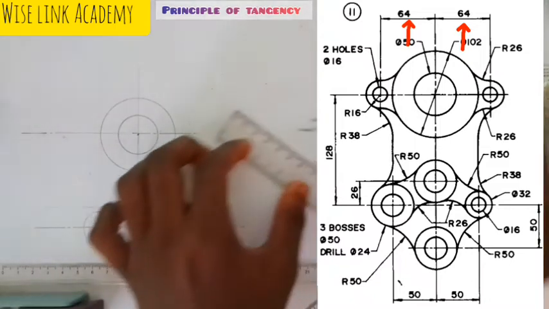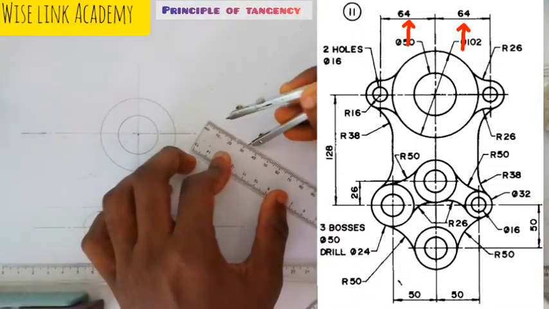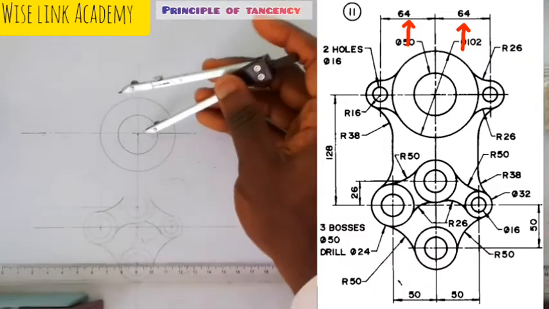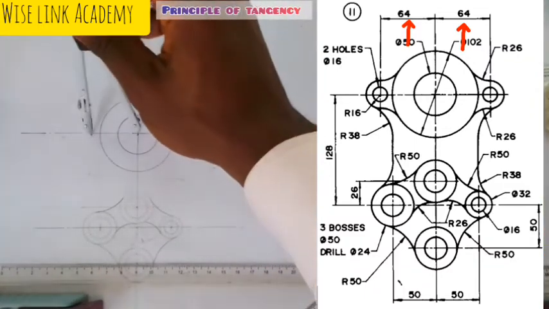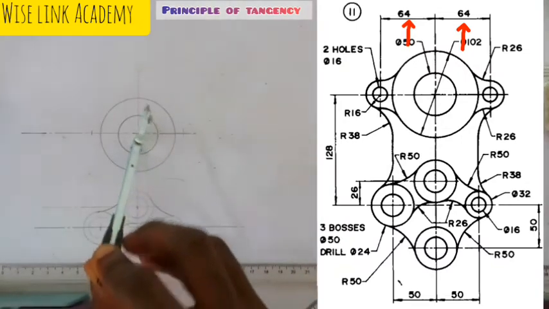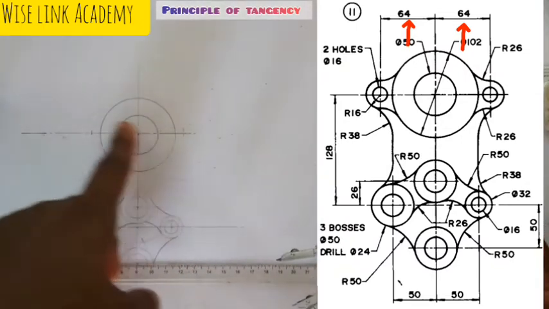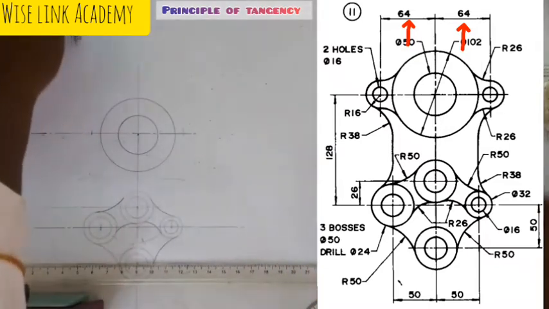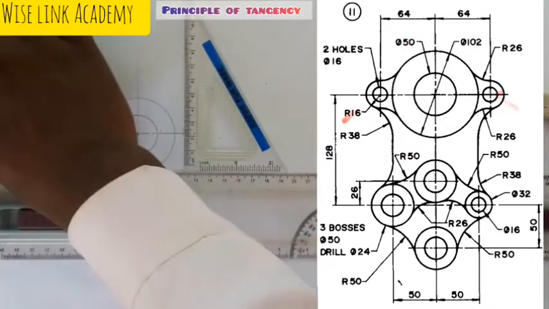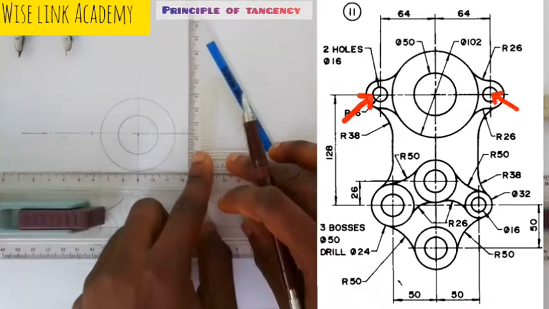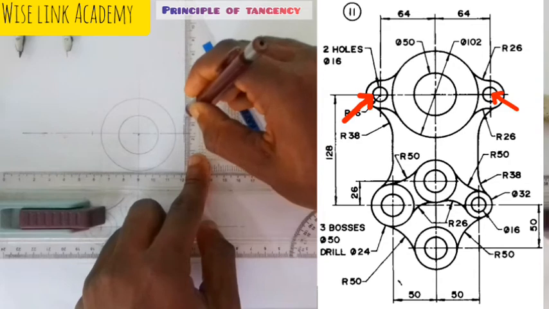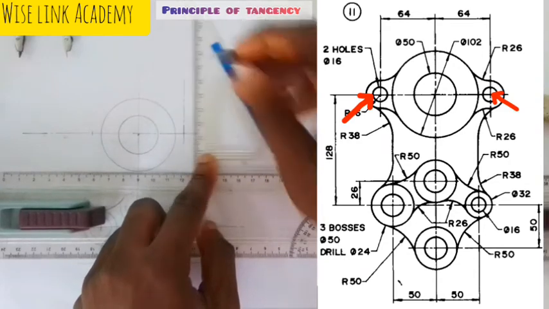So measure 32 on your meter rule to this point. I'll place it at this center point and strike an arc to the left and to the right. At those points, I will draw a center line, a vertical line upward, with the help of my T-square.